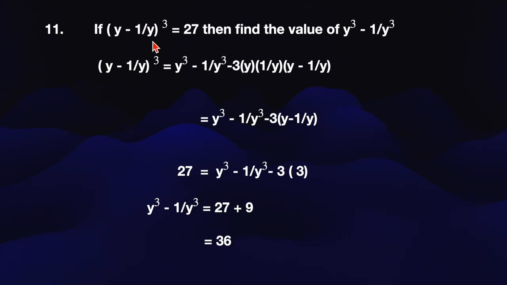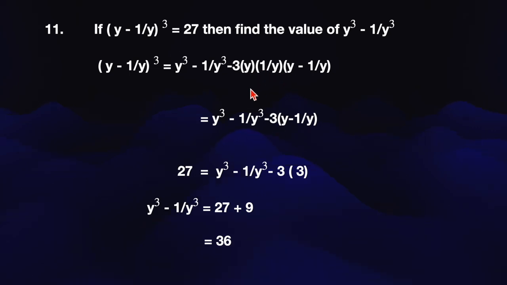If y minus 1 upon y whole cube is 27, then find the value. Okay, first write down the formula and see. Y minus 1 upon y whole cube is equal to y cube minus 1 upon y cube minus 3 into y into 1 upon y into y minus 1 upon y. Okay, now y into 1 upon y will cancel.